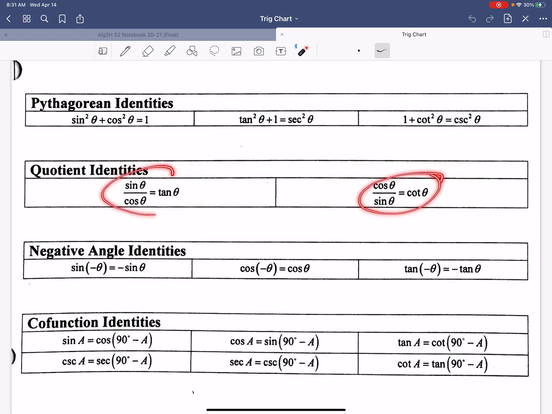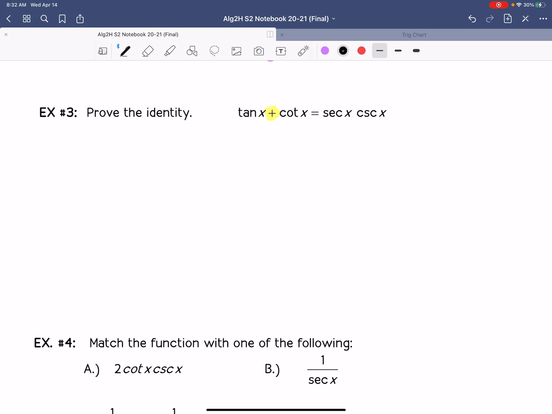So I am going to replace tangent and cotangent with sine over cosine and cosine over sine. So step 1, tangent is really the same as sine x over cosine x plus cotangent's the same as cosine x over sine x, which equals.